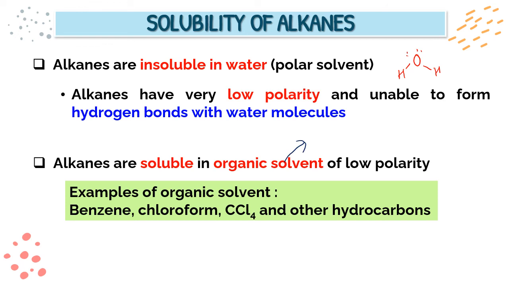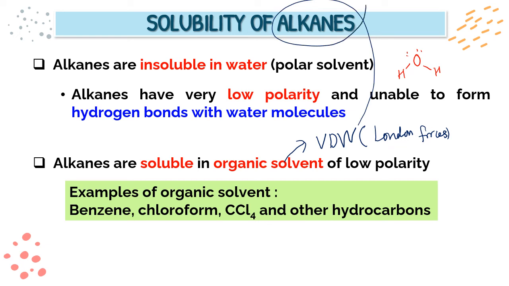So non-polar molecules will have van der Waals forces, to be specific, London forces. So the forces are the same as with our alkanes over here. Since the intermolecular force is the same, alkanes can form van der Waals forces with the organic solvent. So that's why alkanes are soluble in organic solvent.